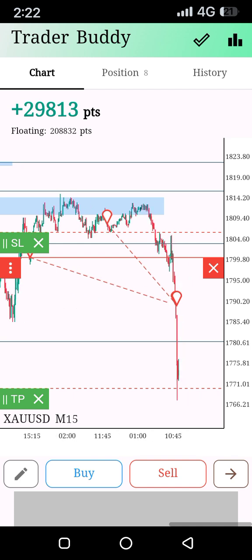So structure is very important if you're tracking your continuation move, because with structure you are definitely holding to what price is giving you. So structure is very, very important.